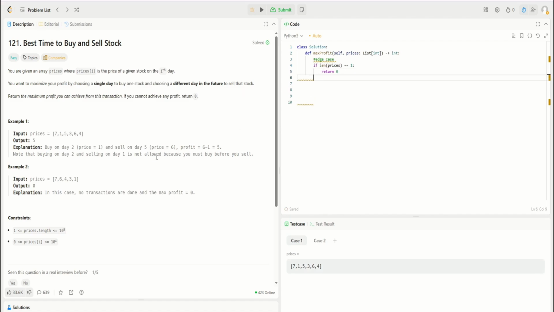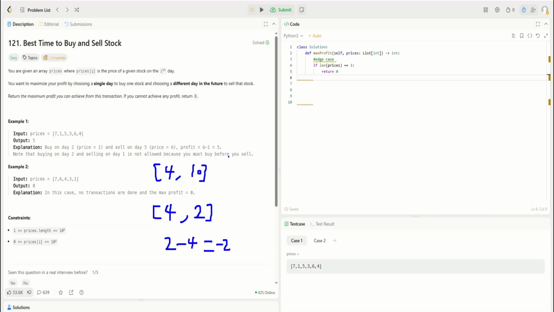Or if there are only 2 days, for example, a price of 4 and a price of 10, the profit will be 10 minus 4 equals 6, right? Alternatively, if the price on the first day is 4 and the price on the second day is 2, then the profit is 0 because 2 minus 4 is negative, and we are just making a loss.